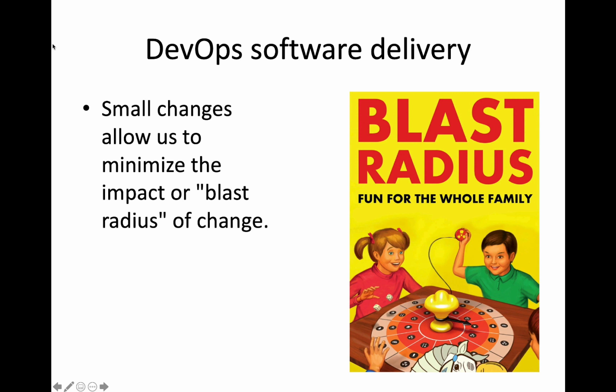You're impacting maybe every single part of the platform. The risk is really, really high that something is going to fail. Whereas if you are simply deploying a very small change, it's only impacting one particular part of the platform, then the risk is going to be much smaller.